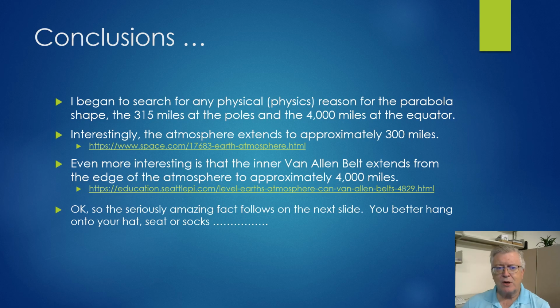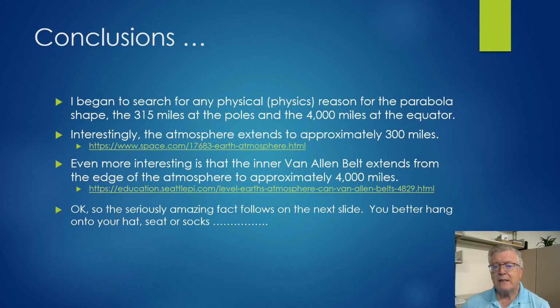Interestingly, as I searched, the atmosphere extends to approximately 300 miles. This I took from space.com. And even more interesting is that the inner Van Allen belt extends from the edge of the atmosphere to approximately 4,000 miles. This I took from Seattle PI.